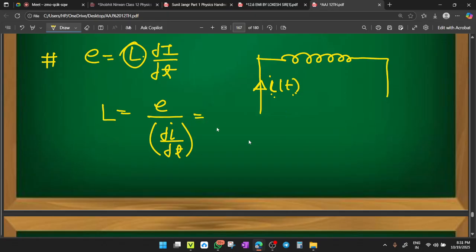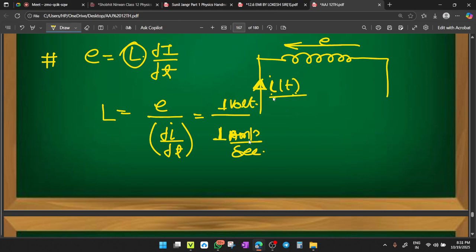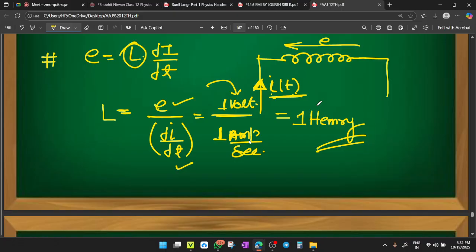If the changing current in the coil is 1 ampere per second, resulting in a back EMF of 1 volt, then the self-inductance of the coil is said to be 1 Henry. If the numerator is 1 and the denominator is 1, the answer will be 1.